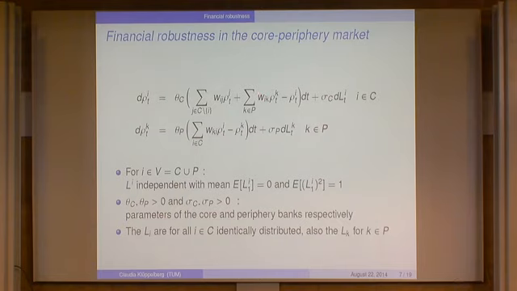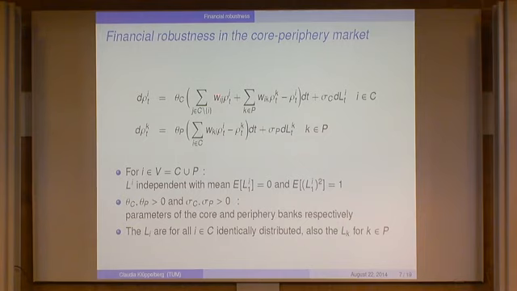And then actually here for the driving process, I allow a levy process. They are all independent, these levy processes, and I allow for a specific sigma, which is the same for all core banks. Okay, now this means the financial robustness of the core banks is influenced by all the other banks.